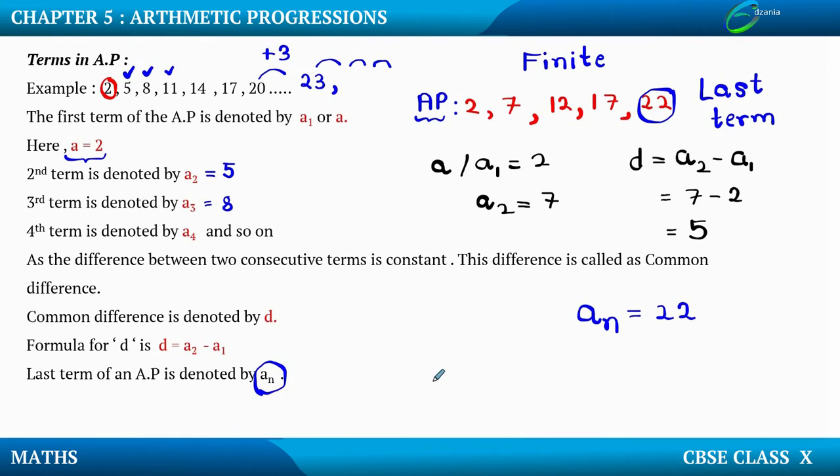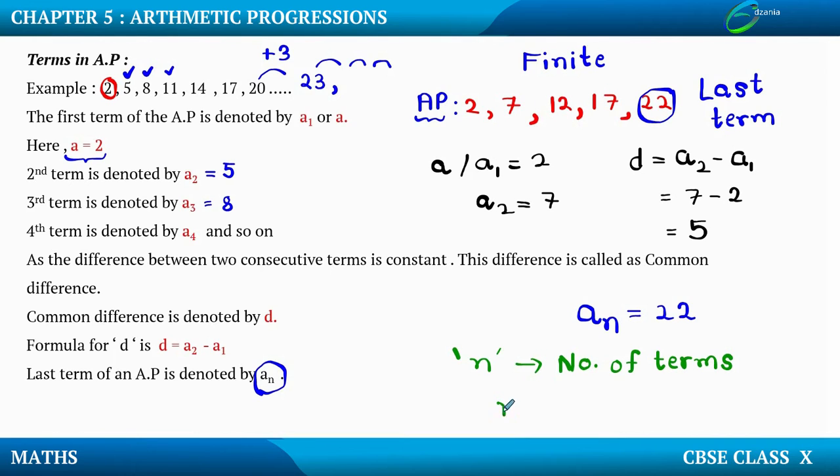Now what does this N stand for? This N stands for the number of terms. You can count how many terms there are: 1, 2, 3, 4, 5.